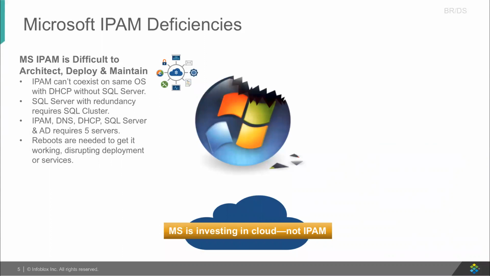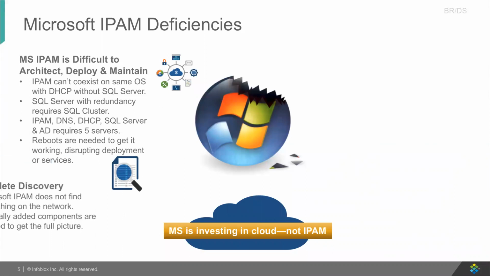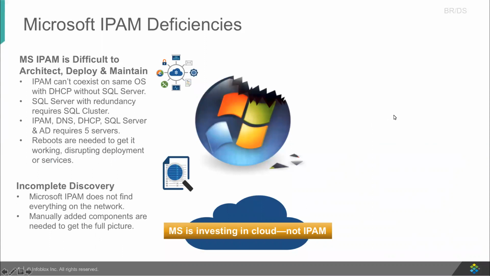So by the time you put all of this together, you've got IPAM, DNS, DHCP, SQL Server, Active Directory. That's 5 different servers. And by the time you have to keep doing reboots to get it working and keep it working, you're disrupting deployment of services on a fairly regular basis. So that's one significant challenge that folks just running Microsoft out of the box have to face.